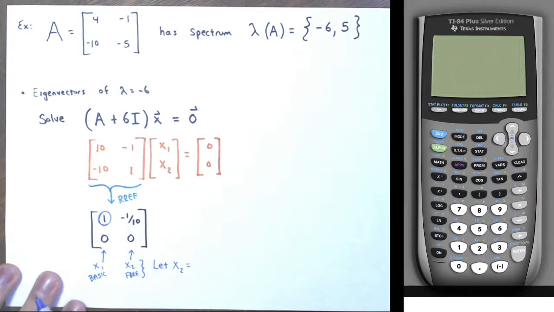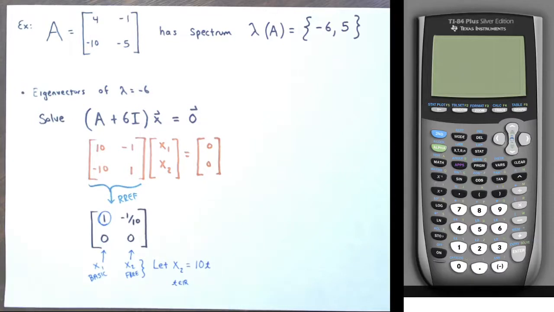I'm going to replace x2 with something that has a multiple of 10 in it, so the 10s will cancel, and it'll be nicer looking for me. So instead of having x2 be just t, I'm going to have x2 be 10t, where t is any real number. And 10 times t can be any real number you want as well. Just make sure the expression you replace your free variables with can take on any real number value.